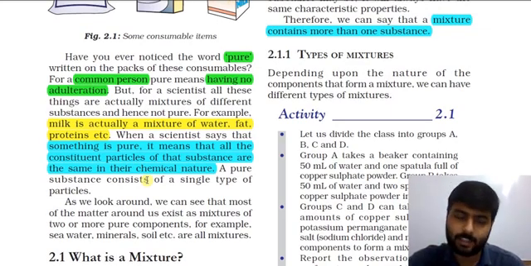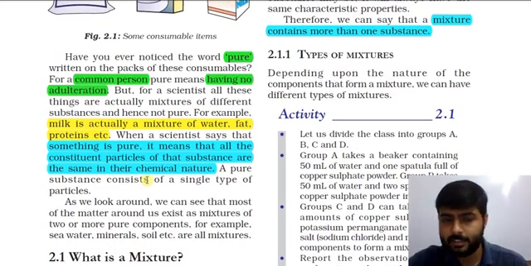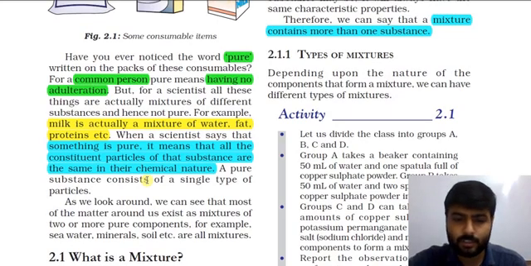When a scientist says that something is pure, it means that all the constituent particles of that substance are the same in their chemical nature.